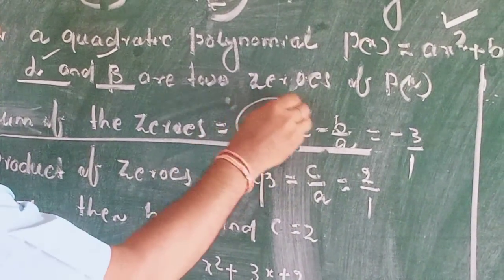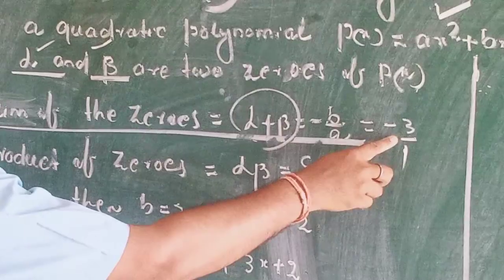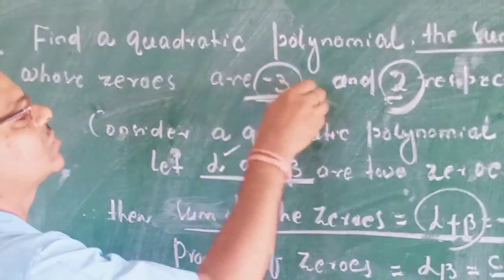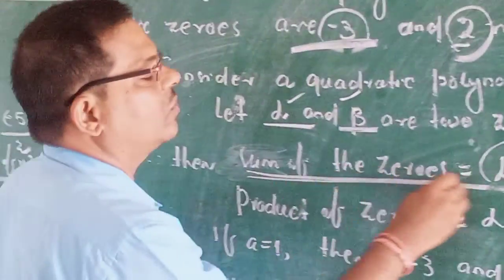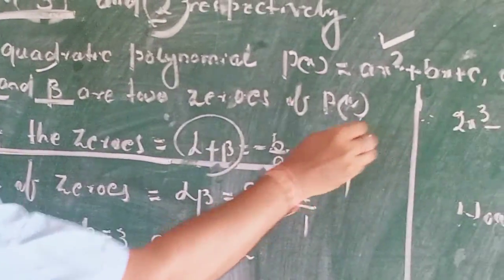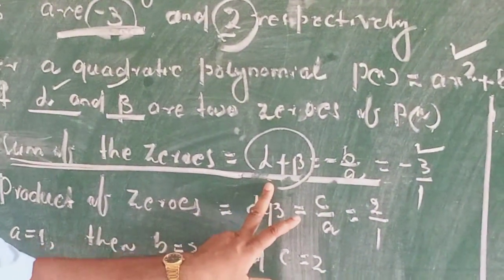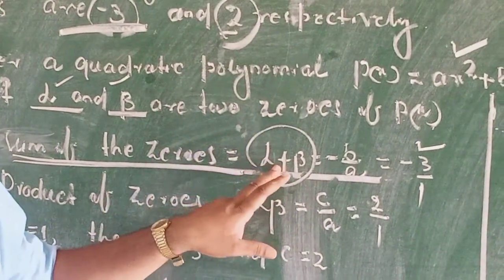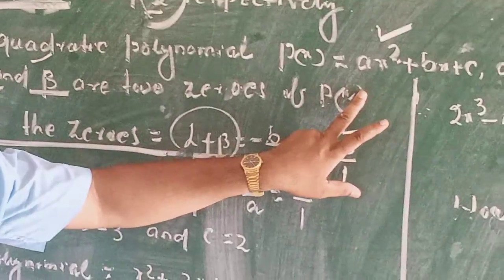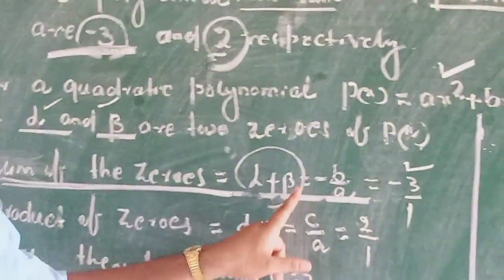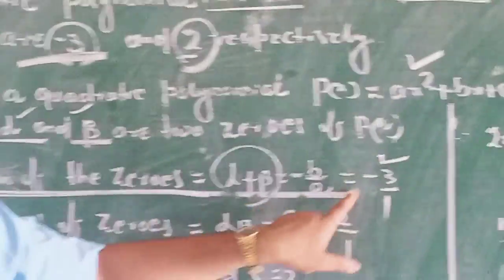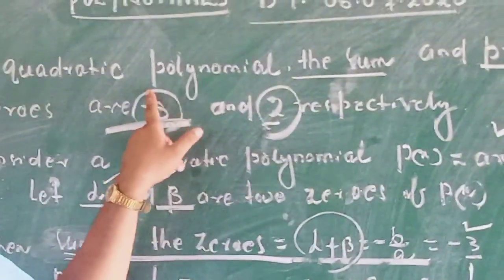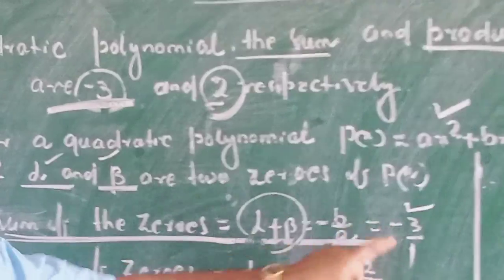The sum of the zeros is given as -3, so alpha plus beta is -b by a, which is equal to -3.